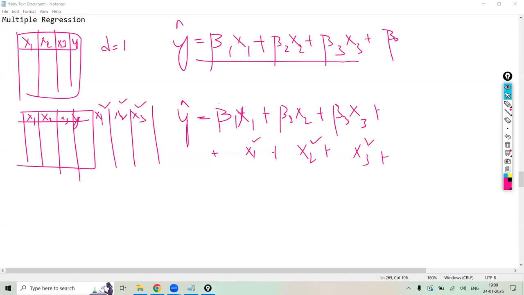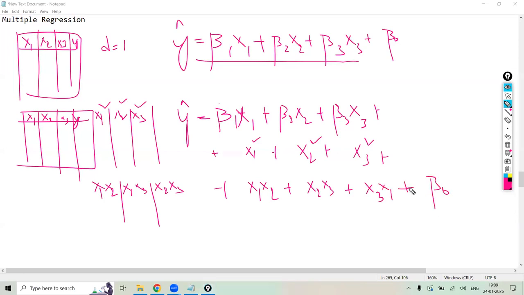Tell me the other possibilities of 2. x1 x2, perfect. x1 x3, next. x2 x3. This is also power 2, right? So x1 x2 plus x2 x3 plus x3 x1 plus beta naught.